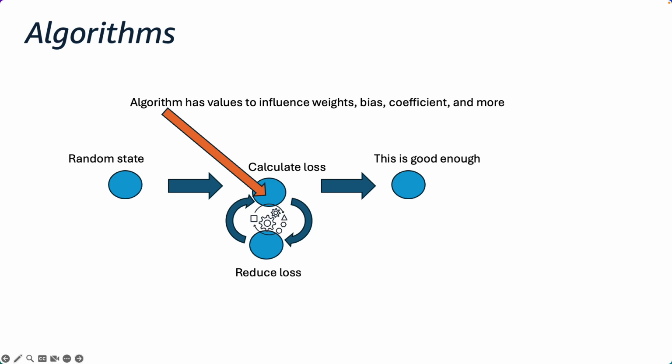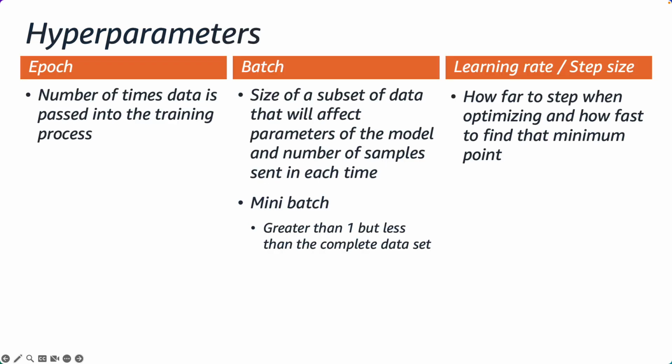And those values inside our algorithm are the parameters. But there are also hyperparameters inside the algorithm that we can set up to help influence how the model trains. Epochs are the number of times the data is passed into the training process, and as the data is passed into the algorithm, it will continually refine the values and parameters that it calculates and give us a model.